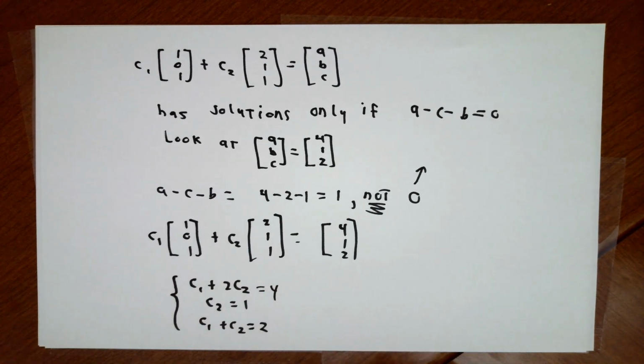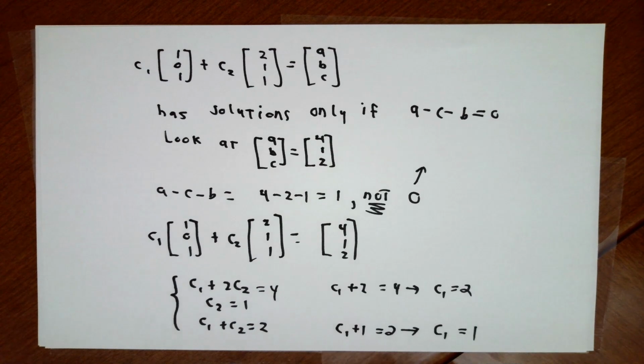We could write the augmented coefficient matrix of this, or I could observe that the middle equation tells me what c2 has to be. For this to work, c2 has to be equal to 1. But the other two equations will tell me what c1 is, and that's where the problem is at.